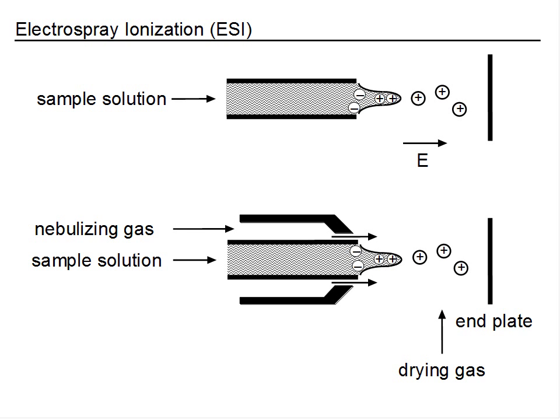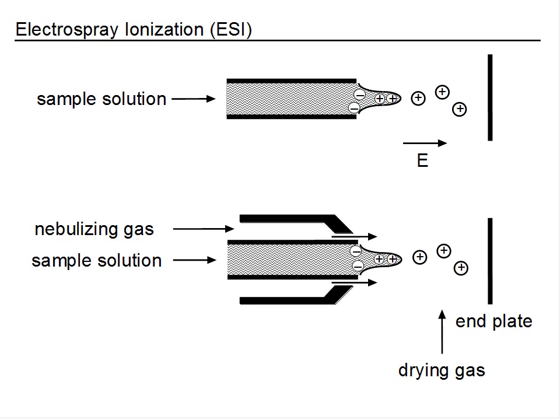Let's take a look at electrospray ionization. Imagine a sample solution, for example, coming out of a chromatography column, enters a capillary, and this capillary goes into the mass spectrometer. At the end of this usually stainless steel capillary, a strong electric field of about 3000 volts is applied between the end plate, which you see as a black vertical line, and the end of the capillary.